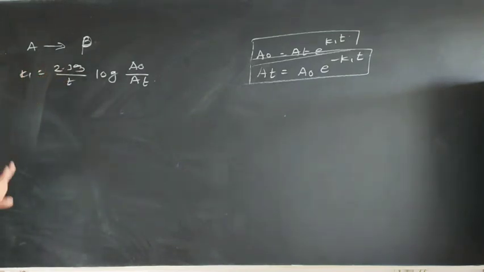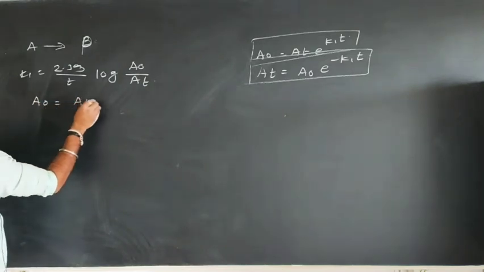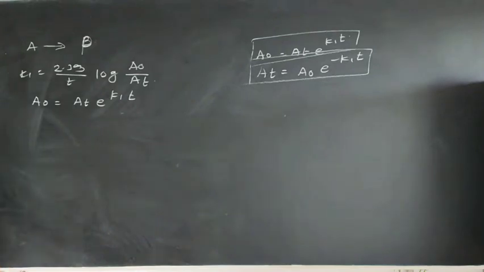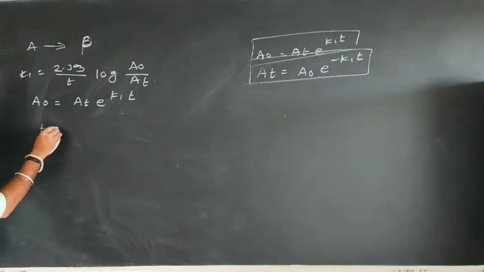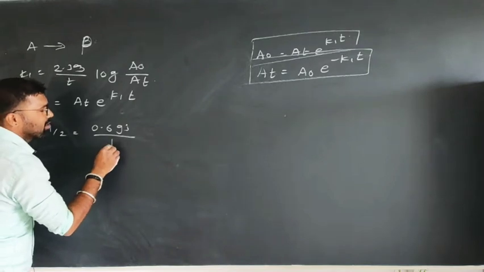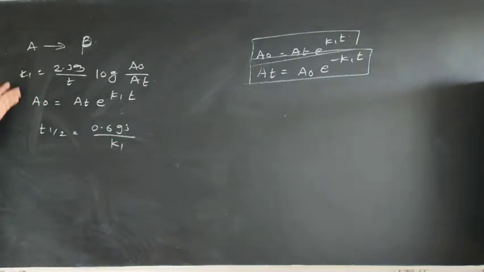You can write anything. Or you can write A0 is equal to At into e raised to K1 into t. These are the same, no problem. You can write t half, which is equal to 0.693 upon K or K1. There is no problem.